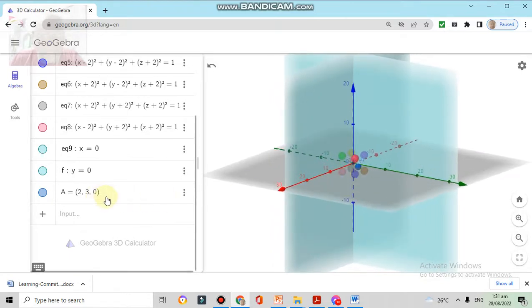The point (2, 3, 0) is a point notation in three-dimensional space, and it is equivalent to the point (2, 3) in the two-dimensional system. So how about if we replace 0 by 4?